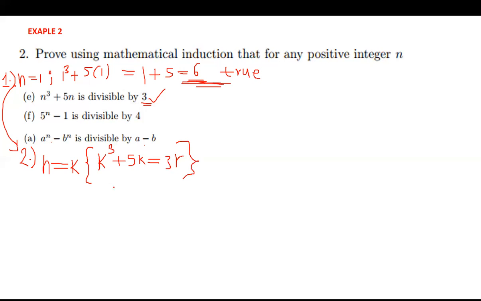So since it is true for n equal to k, I'm also going to go to my third step, where I'll use the next number, which is k plus 1. So in this expression, where there is n, I'm going to put k plus 1.